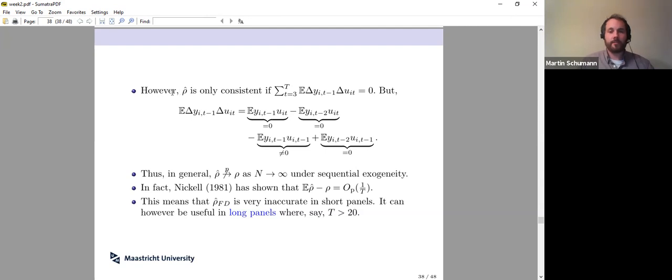So the rho hat will be consistent only if the sum of these expectations will be 0. Now, is that the case under sequential exogeneity? Let's find out. So here we simply replace delta y_it-1 by y_it-1 minus y_it-2 in brackets. The same idea for the delta u_it. And then you open the brackets. And you see that here we have y_it-1 u_it.